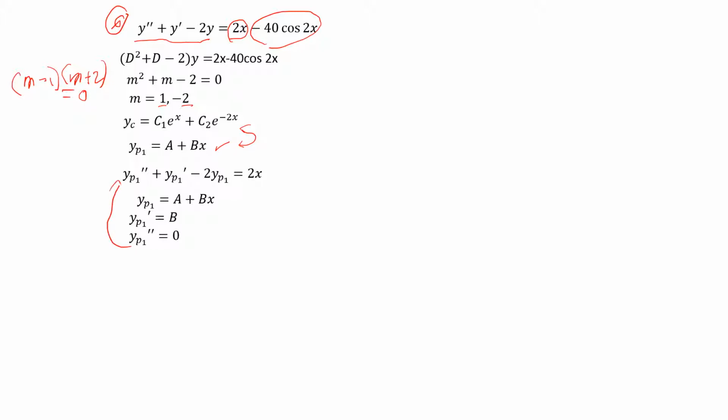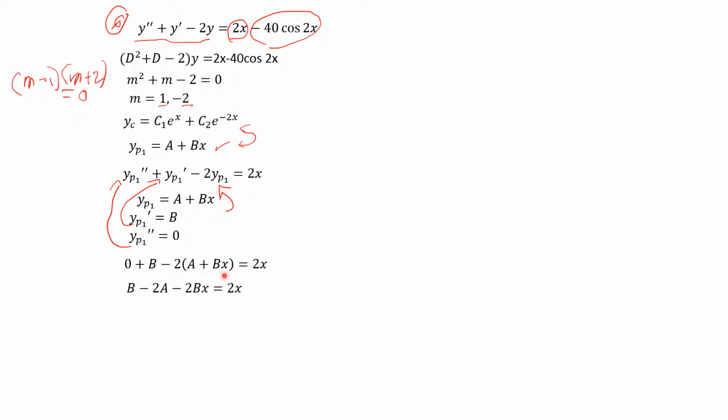Yp1 double prime, yp1 prime, and yp1 will be plugged there, and your equation now becomes 0 plus b minus 2 times yp1, which is a plus bx, equals x.